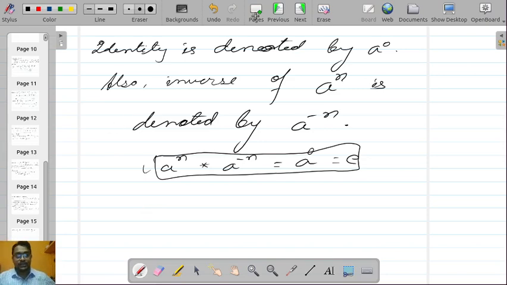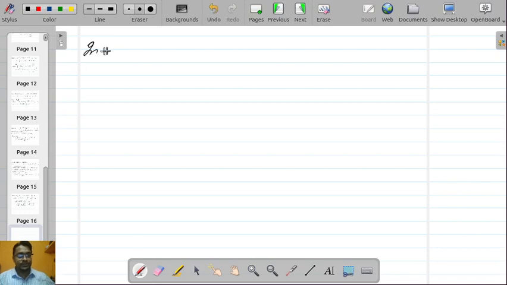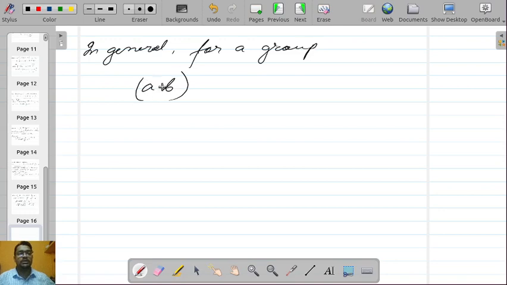However, in general for a group, a star b or ab, sometimes we just avoid the composition symbol also. Okay, the operation, and just write ab. So ab means actually a star b. ab whole to the power n is in general not the same as a to the power n into b to the power n.